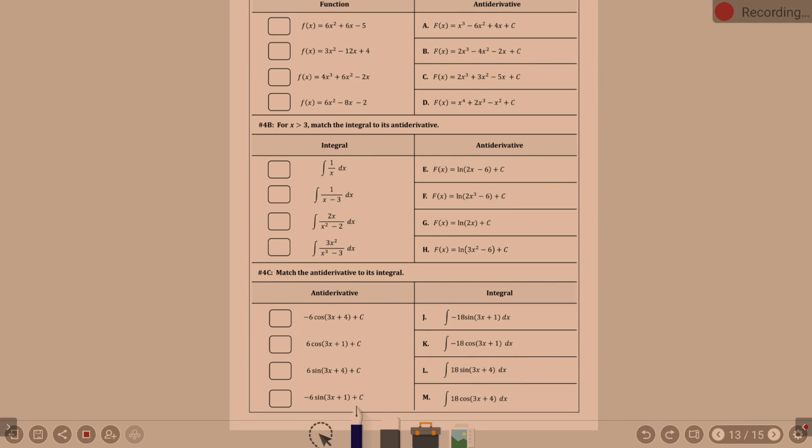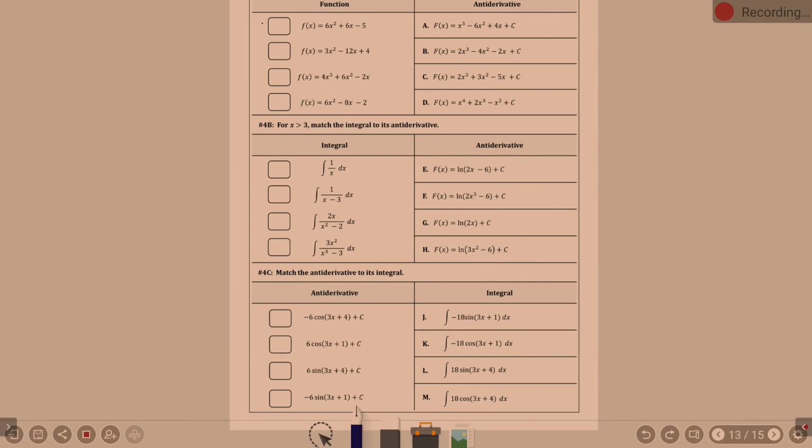So in the first group, the original function is in the first column. The antiderivative is in the second column. Okay? So I'm going to say, okay, this one right here. Question 1, so to speak.